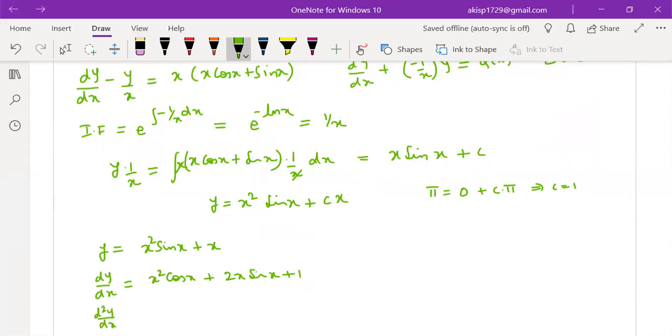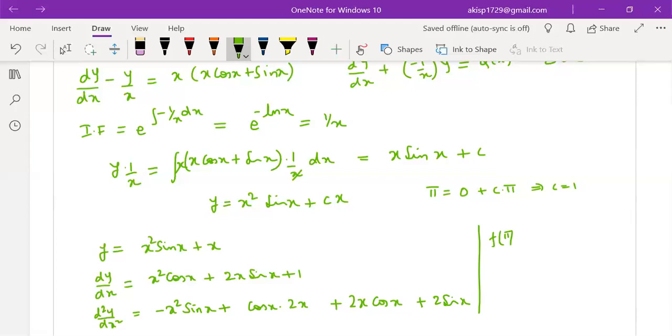So that is going to be x square into the derivative of cos x, which is minus sin x, plus cos x into the derivative of x square, which is 2x, plus the derivative of 2x sin x. That means I'm going to have x into the derivative of sin x, so that is x into cos x, plus 2 sin x into the derivative of x. So this is what we have.